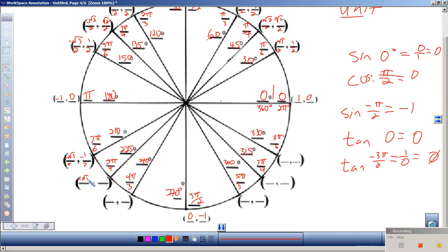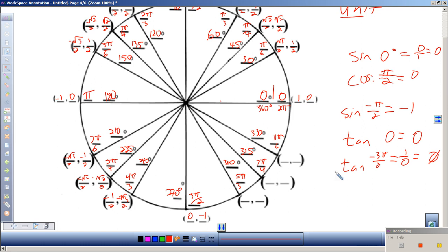Here, negative root 2 over 2, negative root 2 over 2. And the bottom, negative 1/2, negative root 3 over 2. Both y and x are negative here.